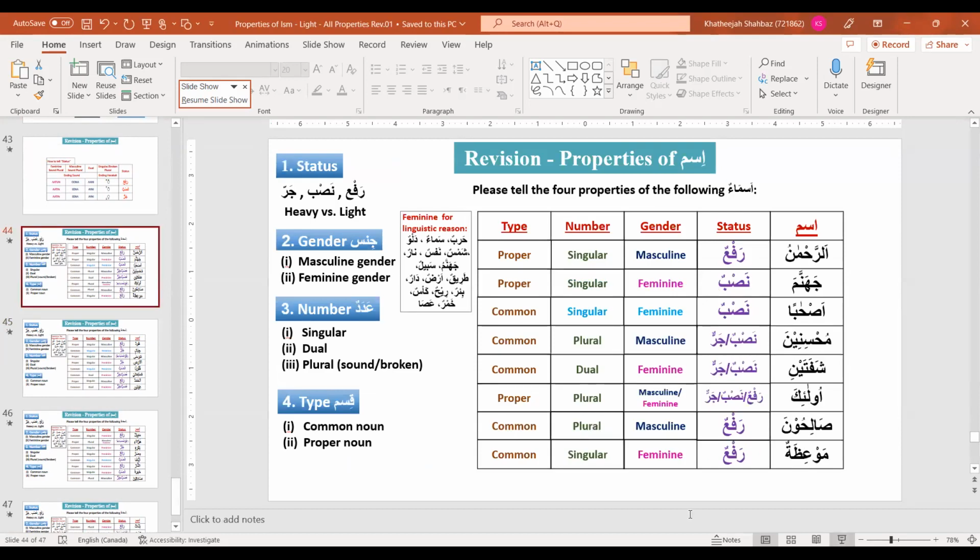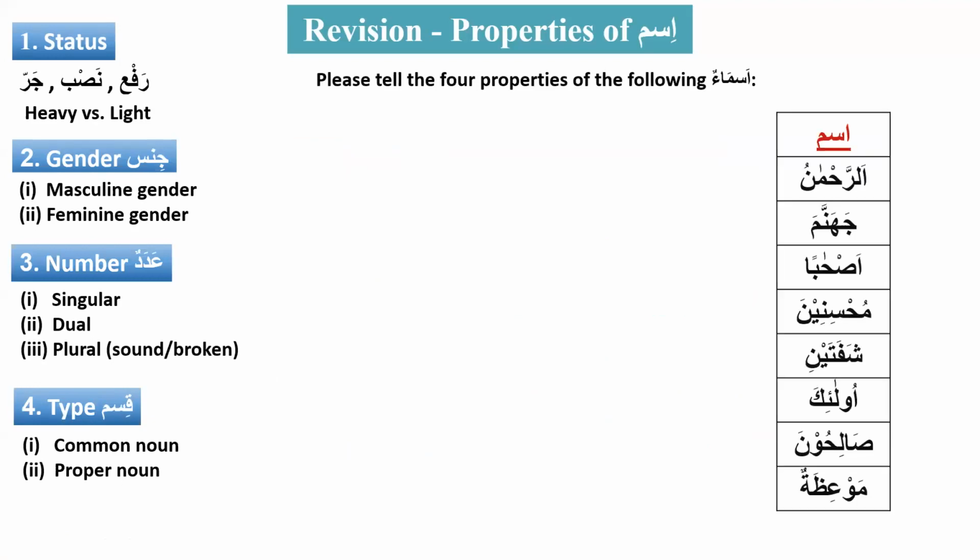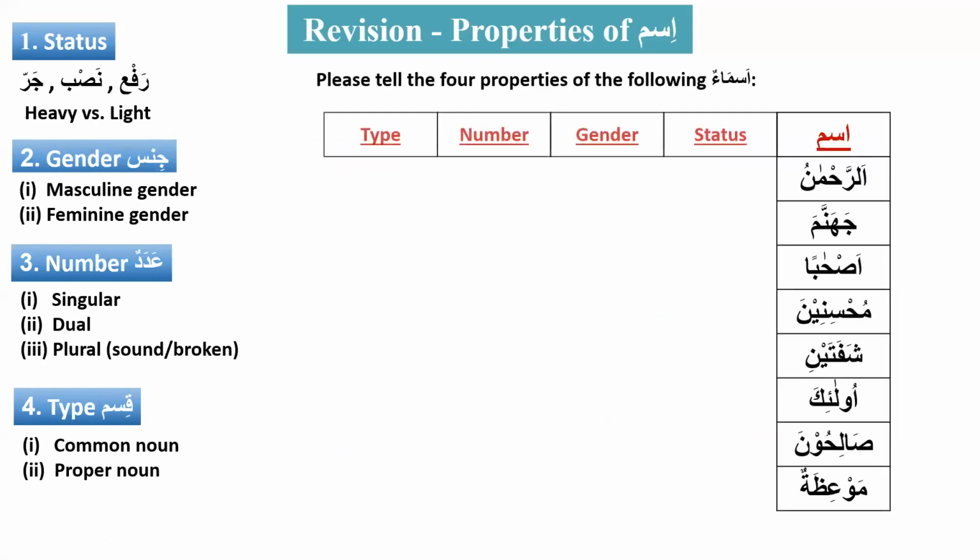So I will ask someone to do one word at a time. So we have, first word is Ar-Rahmanu, and the request is, tell me the status, then gender, then number and type. Gender means masculine or feminine. Number means, is it singular, dual or plural? Type means, is it common noun or is it a proper noun?